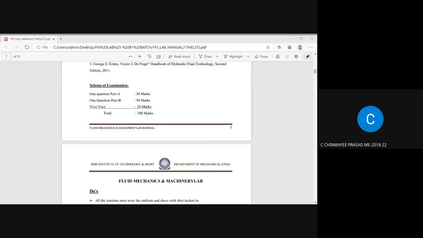It is showing front page. I think it's stuck. Okay, I'll stop sharing. I'll reshare once again. One minute, I'll share.